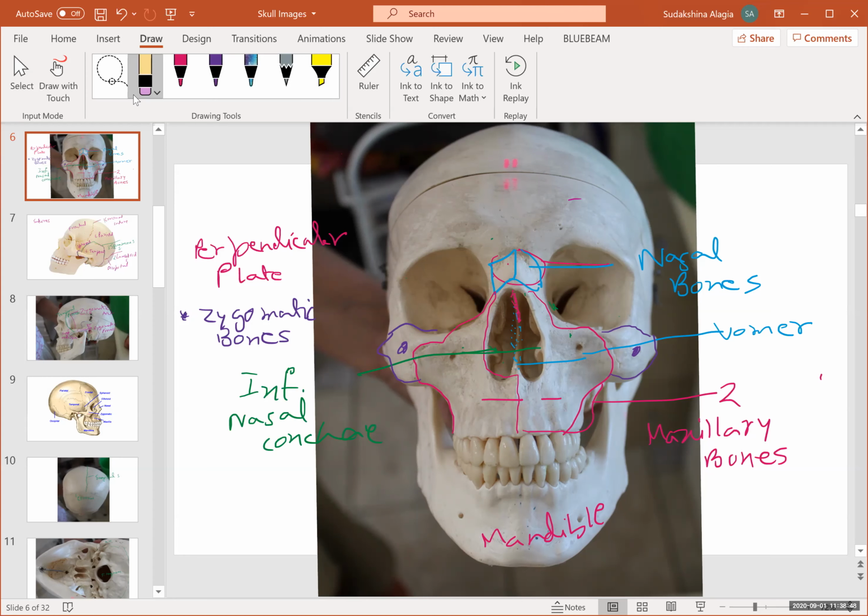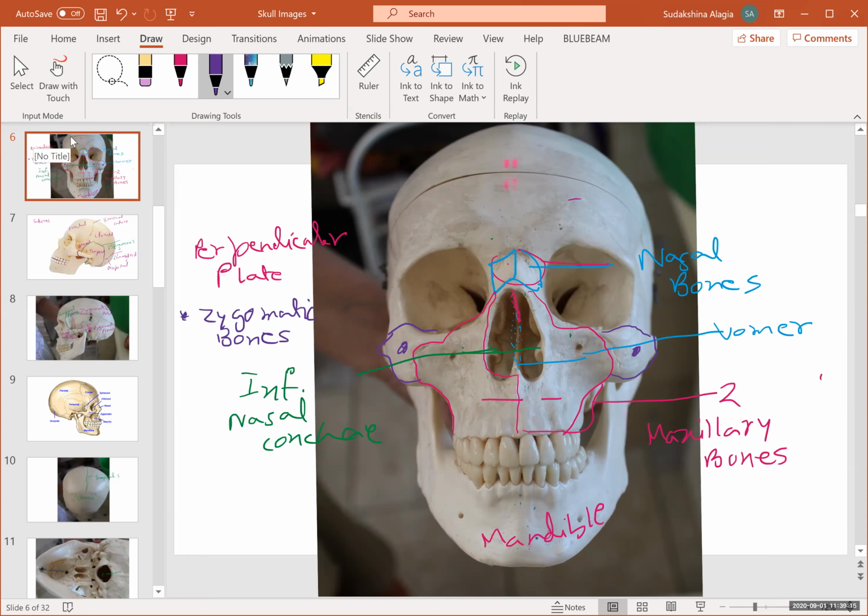Lacrimal is the harder one because you really have to hold the skull close in order to see the lacrimal bone. But here we can identify it, especially on the left side here, because we are looking at the skull anteriorly.